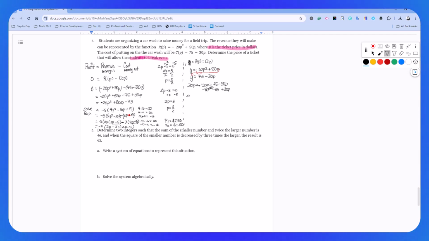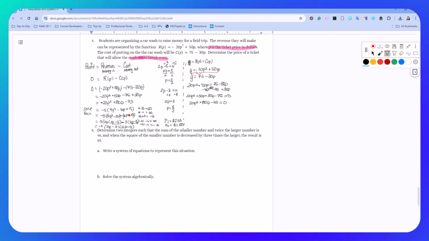So this is going to give me 20p squared plus 50p plus 30p. I'll write it all out. Which is going to give me 20p squared plus 80p minus 75 equals 0.